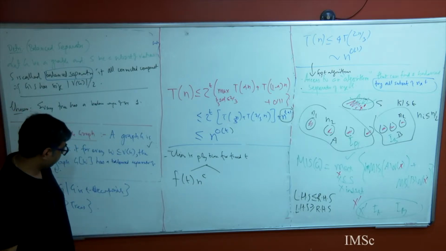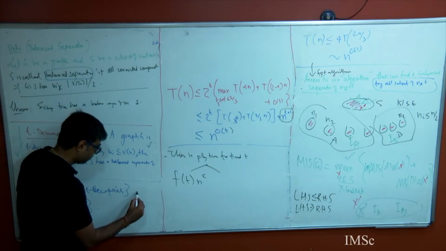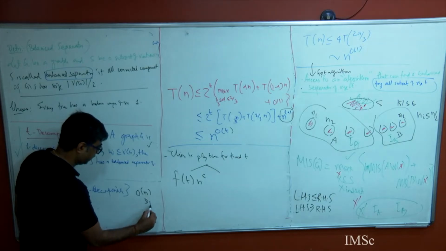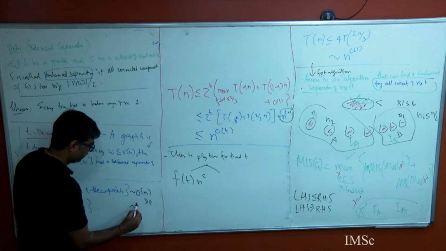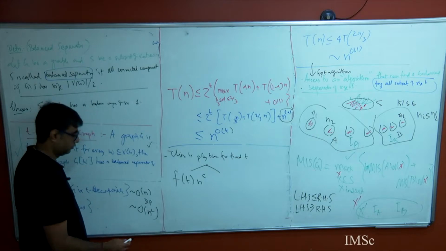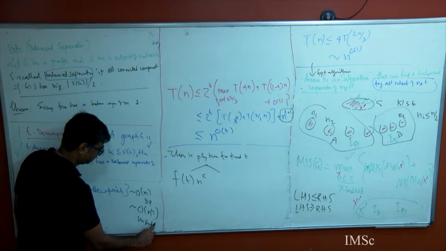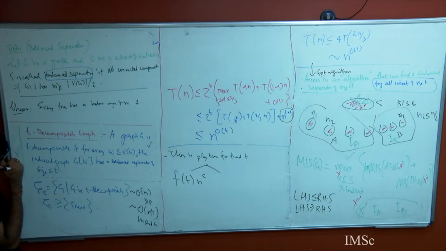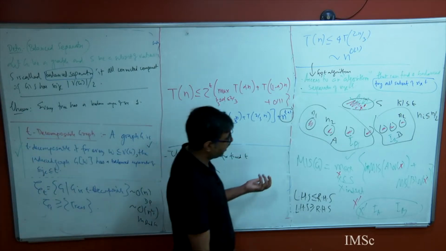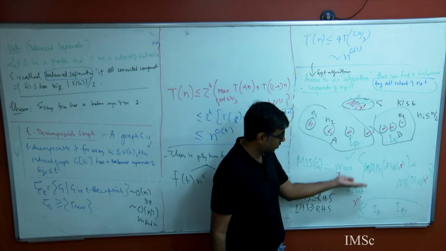Okay. But if you notice, yesterday whenever we were working over trees, we had a linear time algorithm using DP, and we had a not linear time algorithm, maybe n cube, using divide and conquer. So now a natural question is, how can I organize my graph so that I can do dynamic programming which will compute this value?